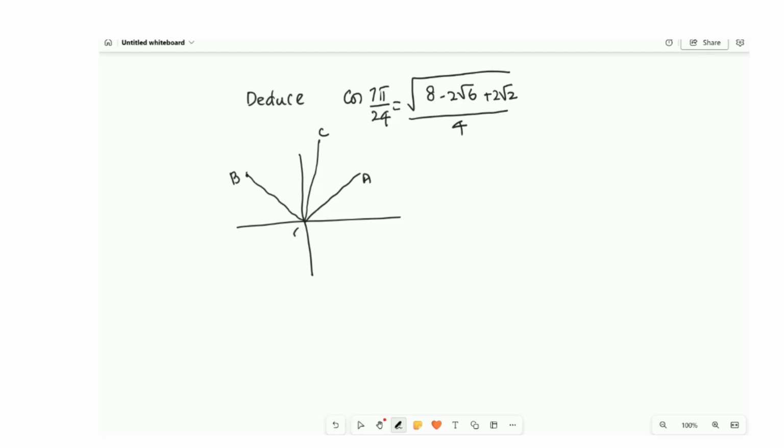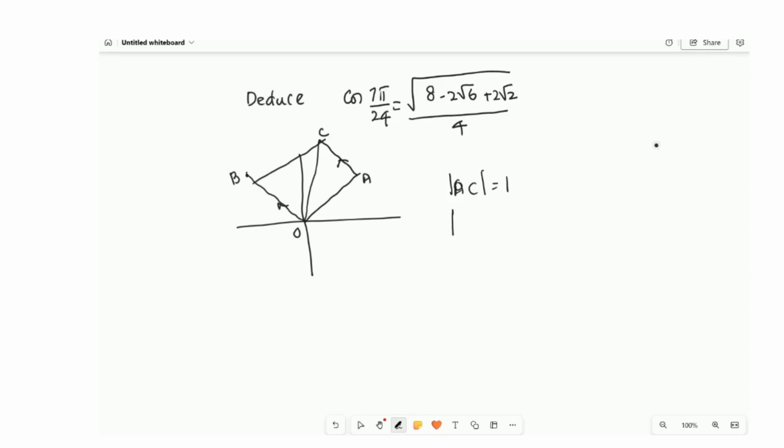Okay, now if I draw it separately, you know that AC and OB are parallel and equal. Therefore, the magnitude of CA and the magnitude of OB, which is W, is 1. So I can write magnitude of AC is equal to 1.